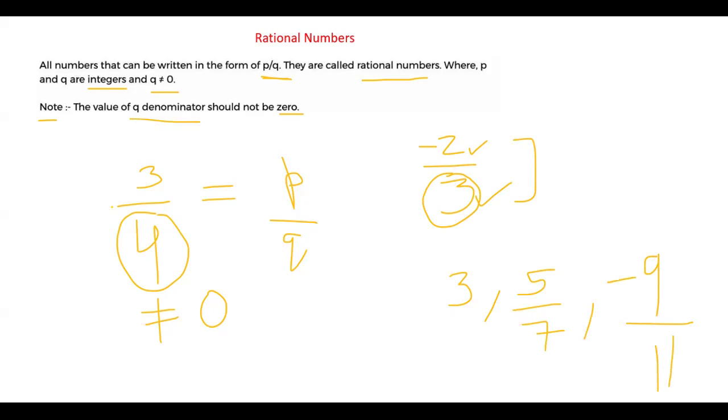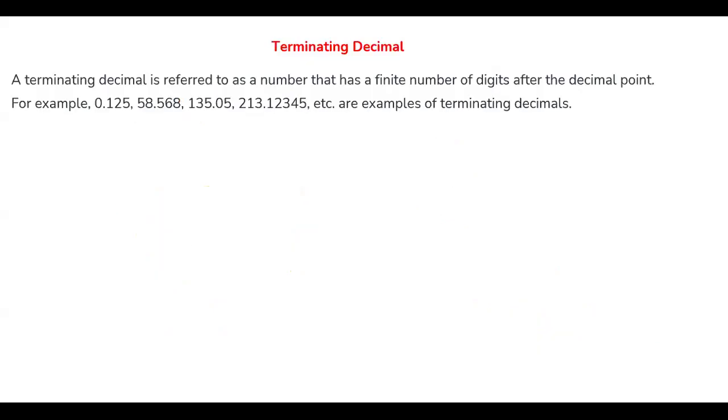Now, we will talk about rational numbers in decimal form. Terminating decimal numbers. A terminating decimal refers to a number that has a finite number of digits after a decimal point. Let me give you the example first, then we will come back to the definition. 0.125.